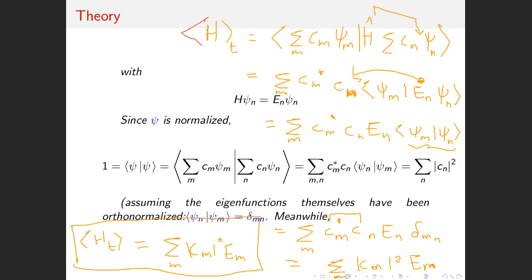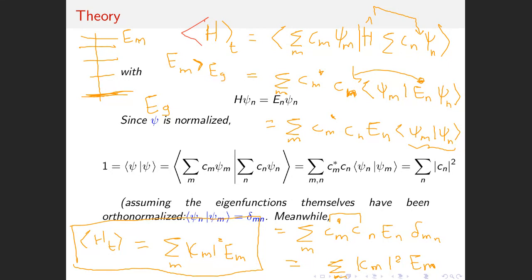But by definition, say that this is your ground state. Your ground state is the lowest energy state. You might have other states, say E_n, but any mth state in terms of energy, E_m, is always greater than or equal to E ground state.